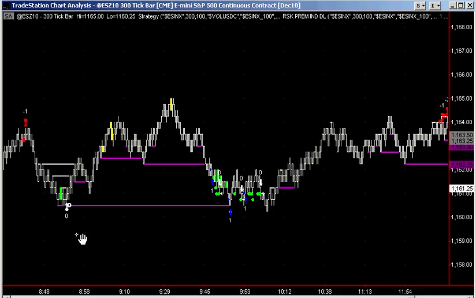The indicator will also plot, for lack of a better word, retracement lines as to where we expect the market will return. Those lines are colored white or magenta.